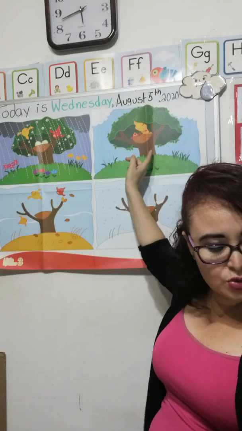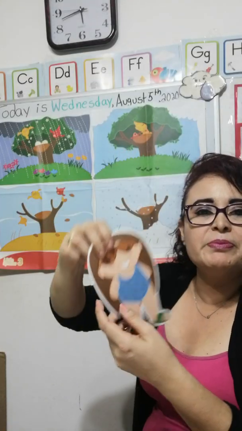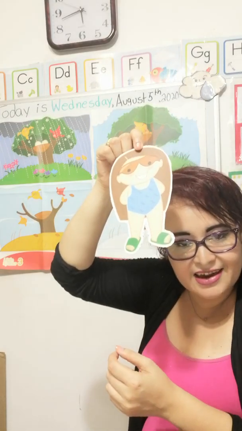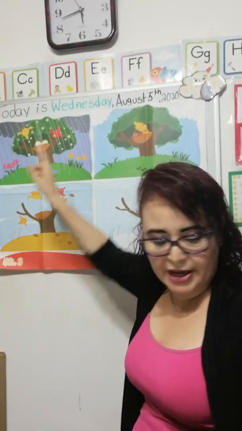And another season that we have is summer, like this one, summer. In summer is hot, and people can go to different places. They can go to the river, like the girl here. Well, that occurs in summer. And the other one is called spring. In spring, it also rains. There are many flowers and there are many birds.